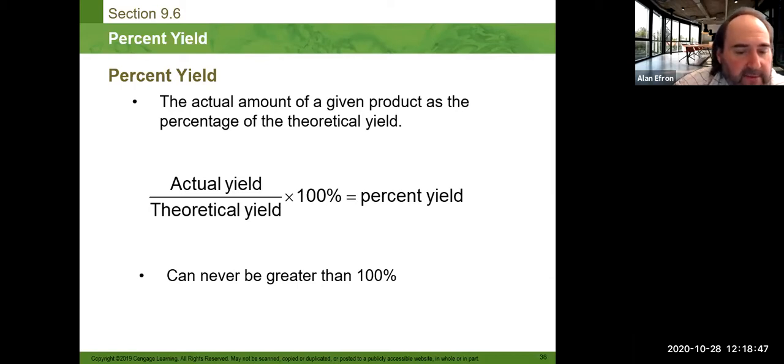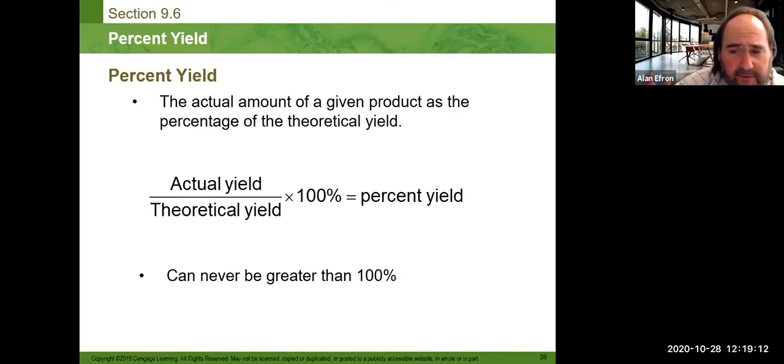So if you were impatient and you didn't let the filter paper completely dry, you would reweigh it. And what you think is your actual yield has a lot more water weight in there, which should not have been there originally. So if you go over 100%, you screwed up. And that's a very common error.